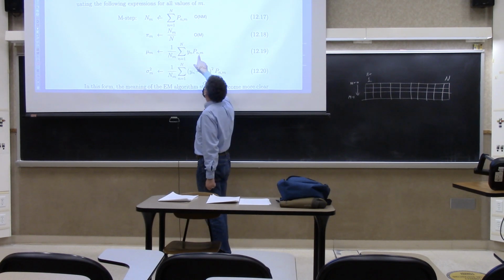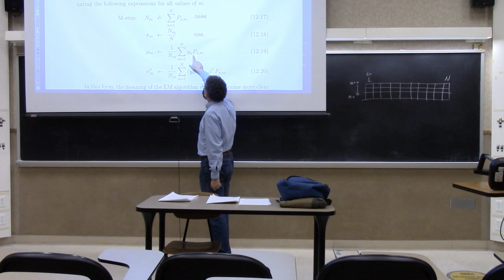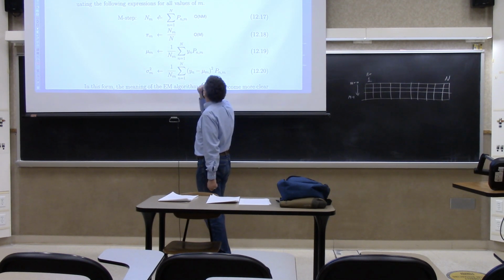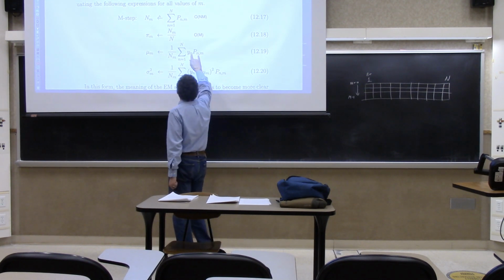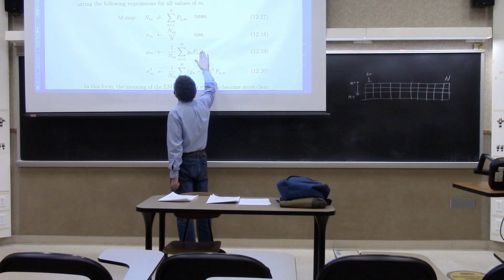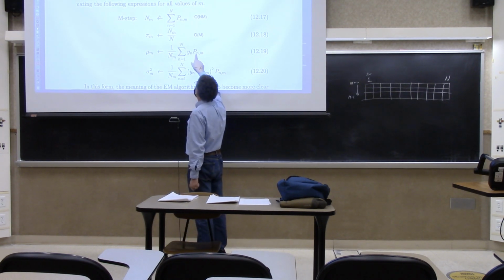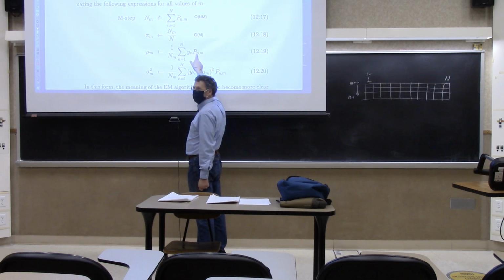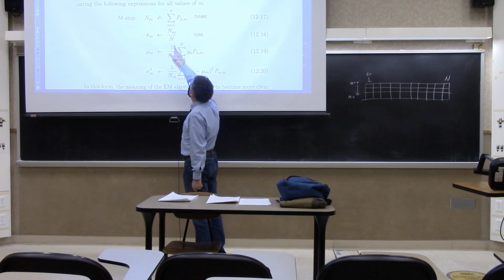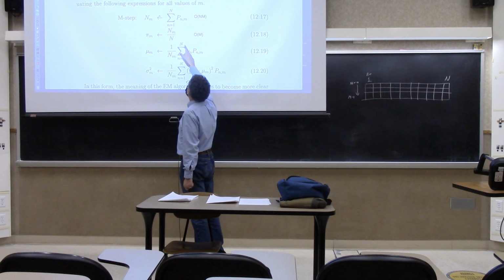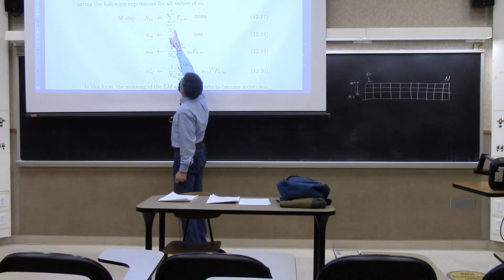Now remember, you're summing over n, right? So if you fix m, then you'd have a sum over n of this p of n, right?